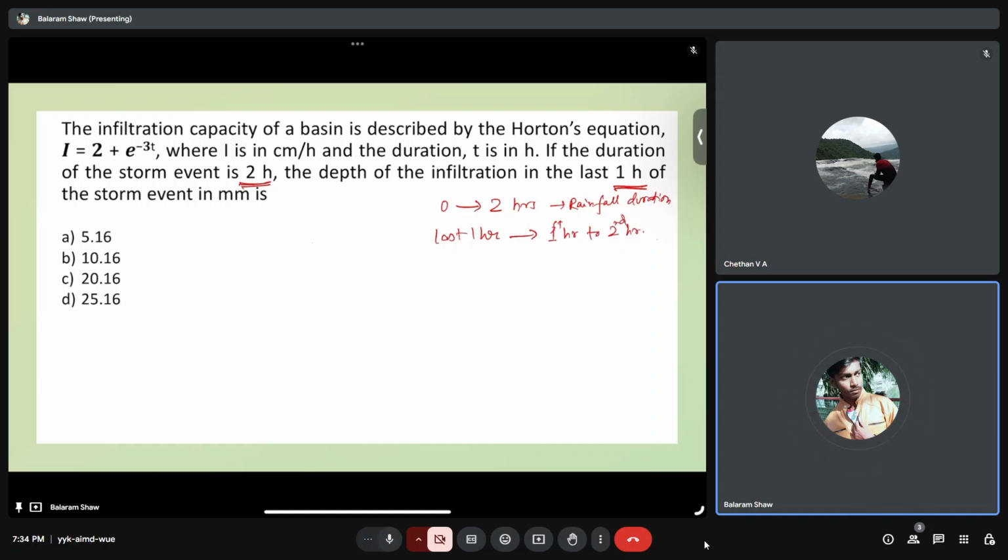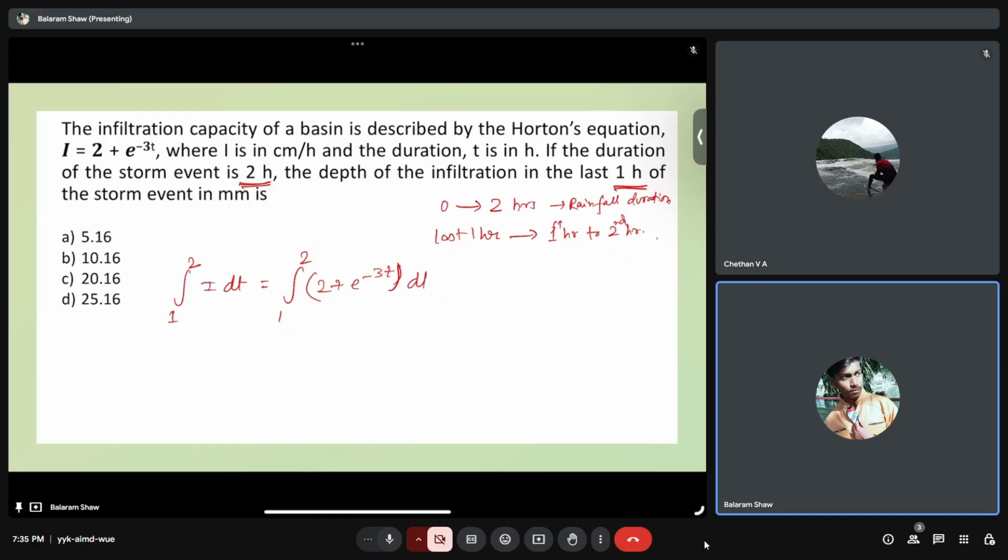So you have to calculate the integration from 1 to 2 of I dt, where I is given as 2 plus e to the power minus 3t, dt. Just integrate this and get the answer.